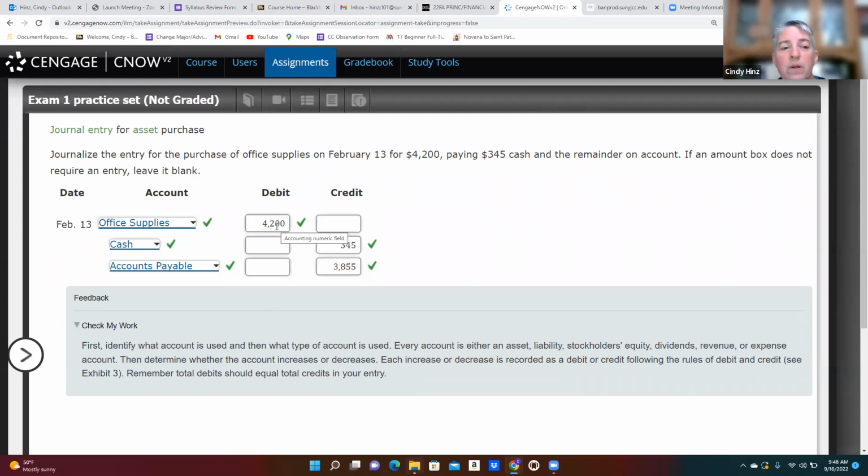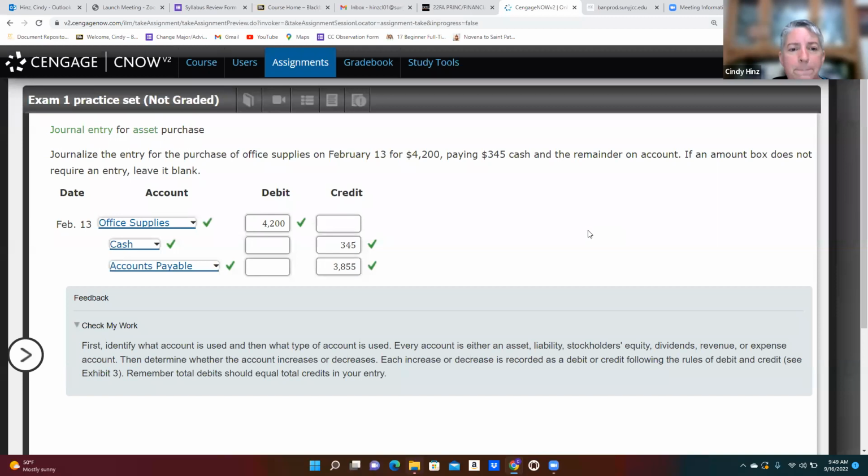For example, accounts payable has a normal credit balance, but if we were paying off an account payable, we would be debiting that account to reduce that balance. And so that would be listed first. So if you're going to put the number in the debit column, that account needs to be listed at the beginning. Does that make sense?